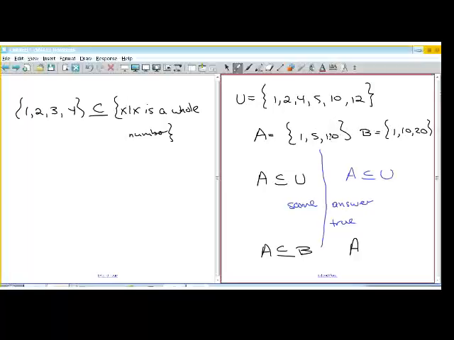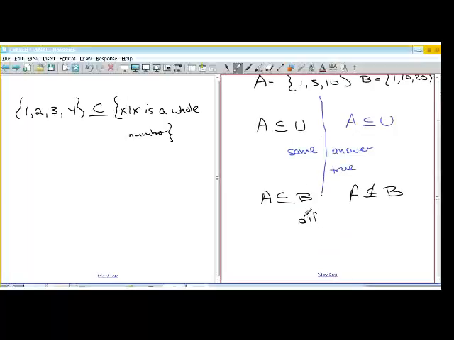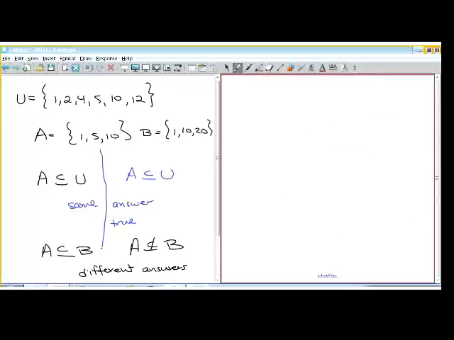Well, this one's in A and B. This one's in A and B. This one's in A and B, but 5 is not over here. So I would say A is not a subset of B. And when I compare these two, they're different. So since what I concluded and what they stated are different, if you get different answers, then you would say it's false. Okay, so you got a couple of problems where I ask you whether they're true or false, and that's the way you answer.